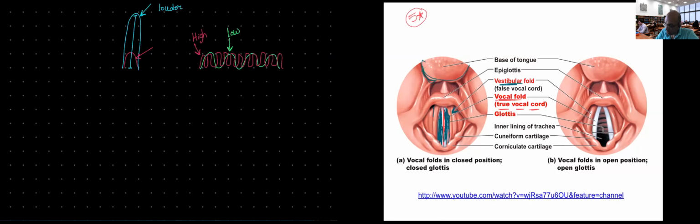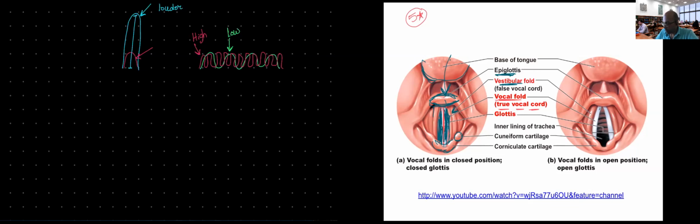And just behind the tongue and above the voice box, you're going to have this cartilage that will be preventing the passage of the food down to your airways. This is your epiglottis. You can see the cuneiform and corniculate cartilages building up parts of the wall of my voice box.